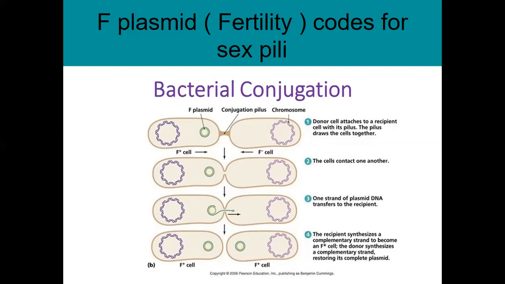The pilus will draw them into contact, and the plasmid DNA transfers to the recipient. There is one more question: the bacterial cell which has a plasmid is recognized as which cell? It is F plus, the positive cell.